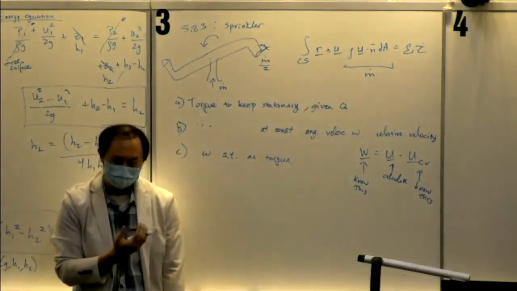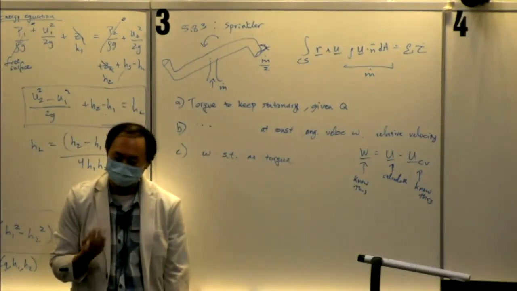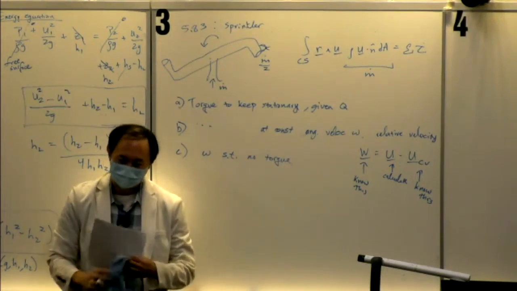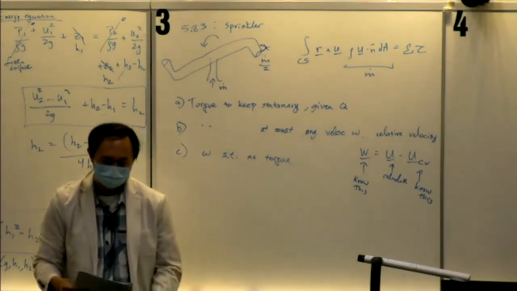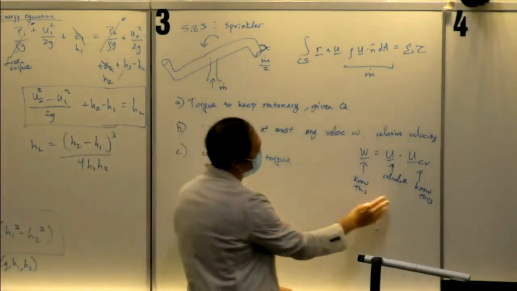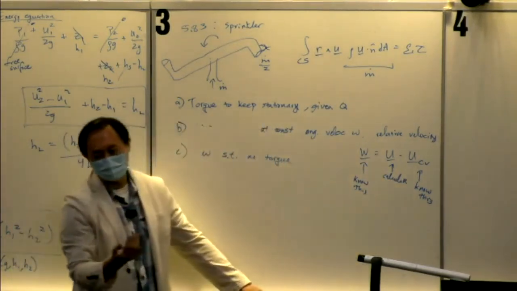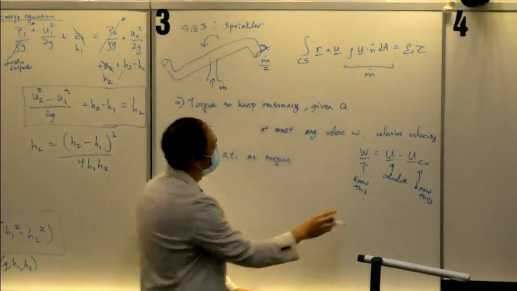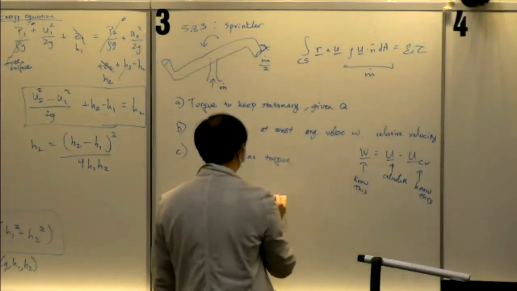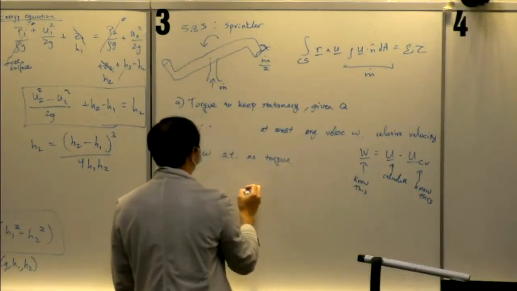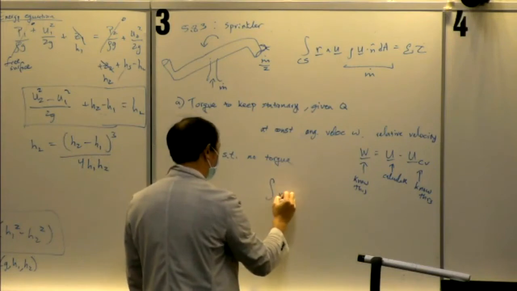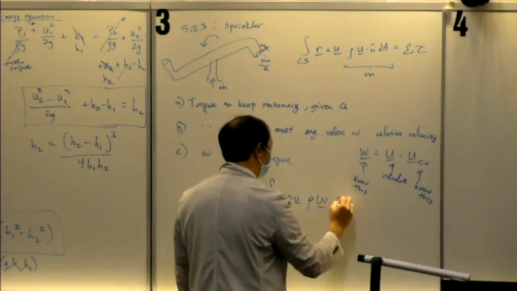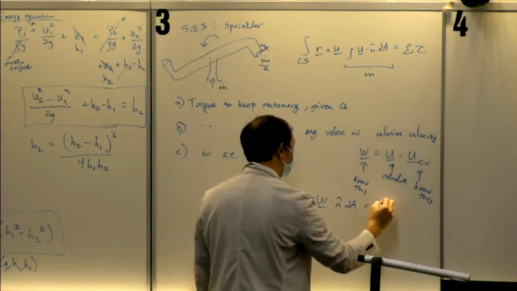W is going to be given by your Q. That's the speed that stuff's leaving the sprinkler, because that hasn't changed. Once your thing's rotating, whatever comes in has got to go out. And the difference between those two will tell you what the actual velocity of that fluid is in the stationary frame. You have to use that for part B, because the equation for part B is a little bit different: R cross U rho W dot n dA equals the sum of the torques.